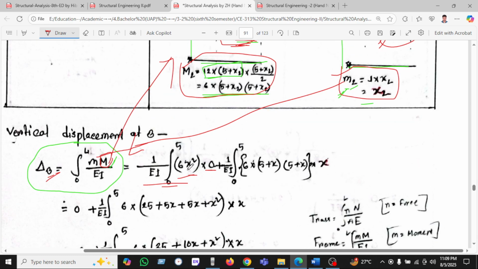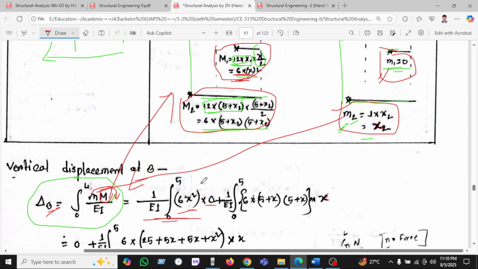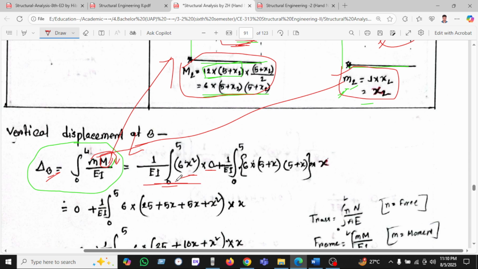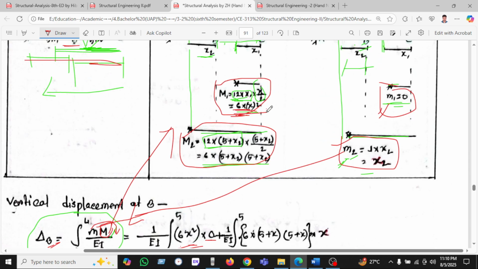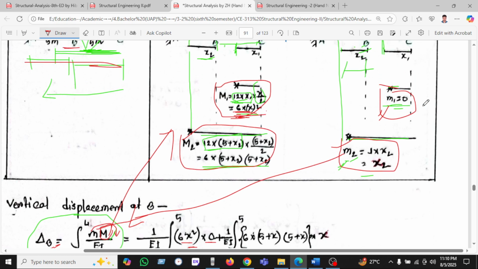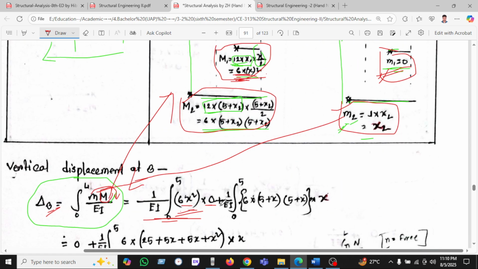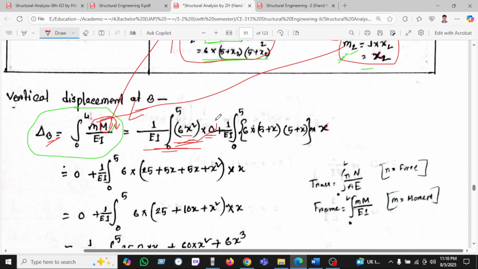We found bigger M1 here as 6 into x square, and the smaller m we found is 0, so it will be multiplied with 0. All this portion, multiplied by 0, will be 0.